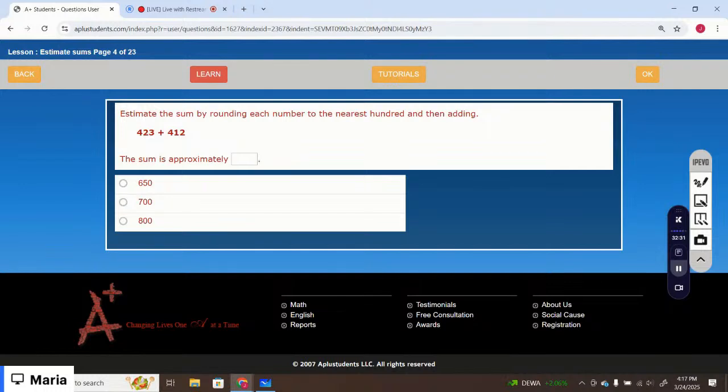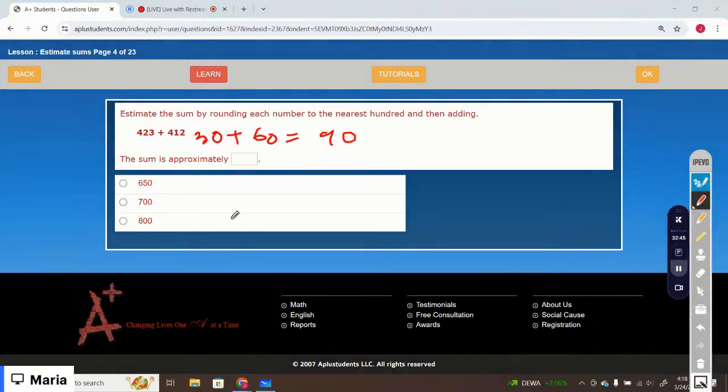Estimate the sum by rounding each number to the nearest hundred and then add it. Okay, let's just round them. 423. 4 is at the hundreds position, right next to 4 you have 2. 2 is less than 5, so it would be rounded to 400.